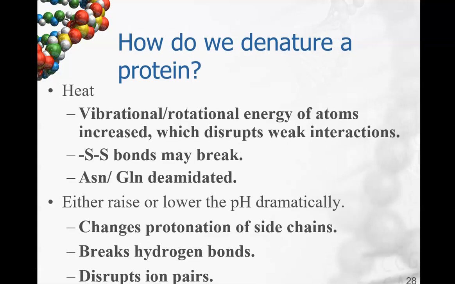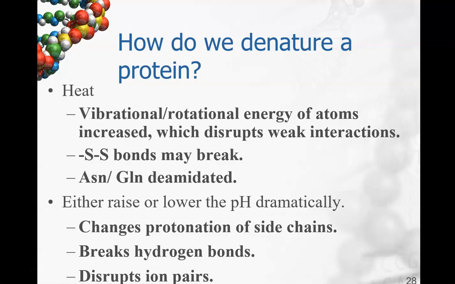How else can we denature a protein? Well, we could heat it up. This would increase the vibrational and rotational energy of the atoms, which disrupts weak interactions. We could break the disulfide bonds, if we haven't broken them already, with our dithiothreitol or beta-mercaptoethanol. We could deamidate Asn and Gln to Asp and Glu, respectively. And if those amide side chains were important in hydrogen bonds, then we would lose that stabilizing force.